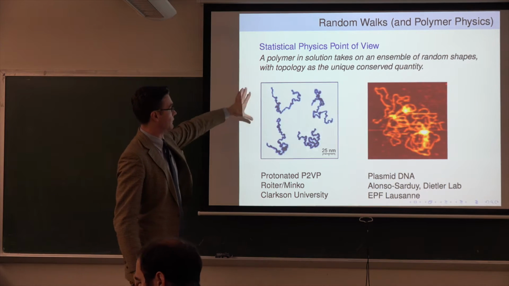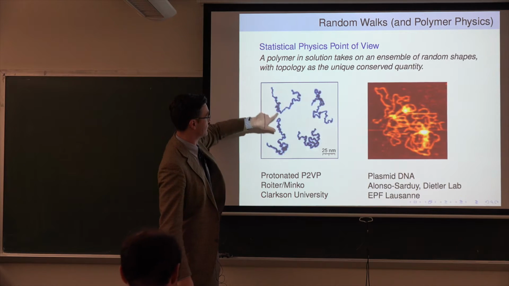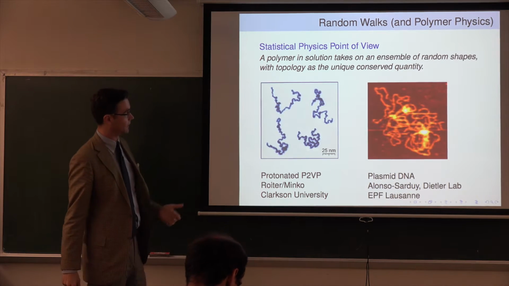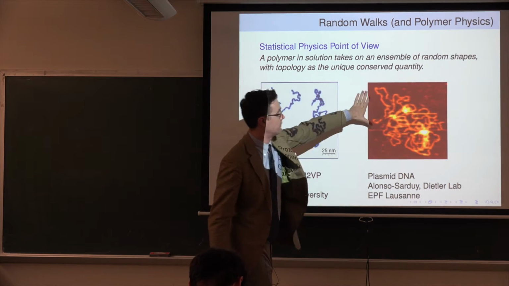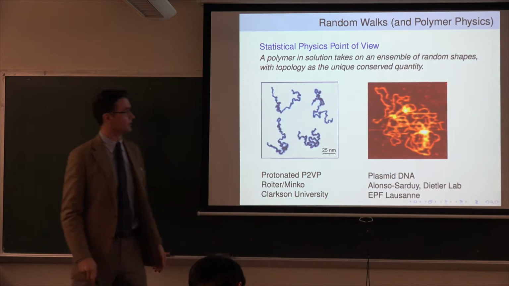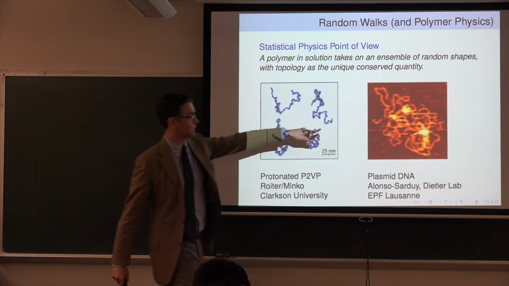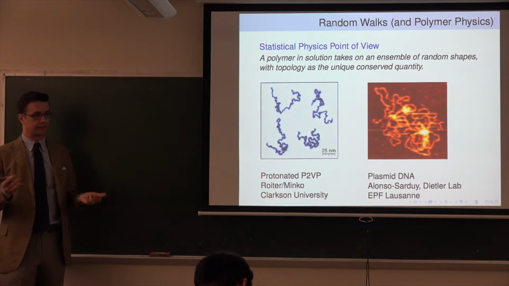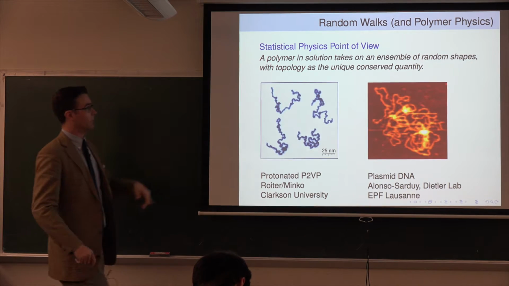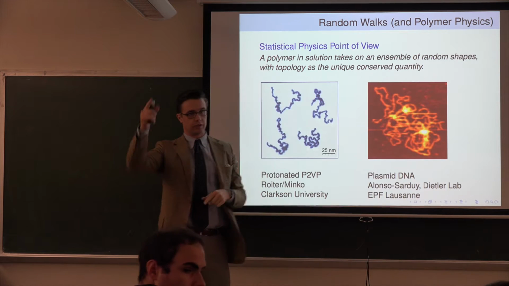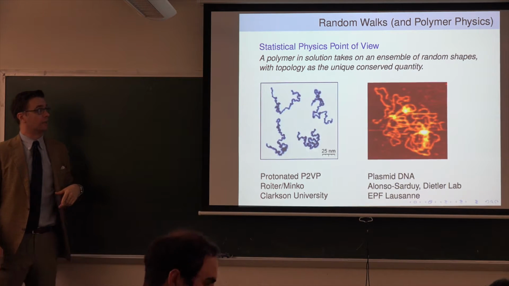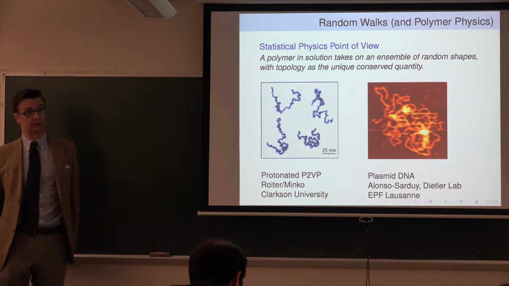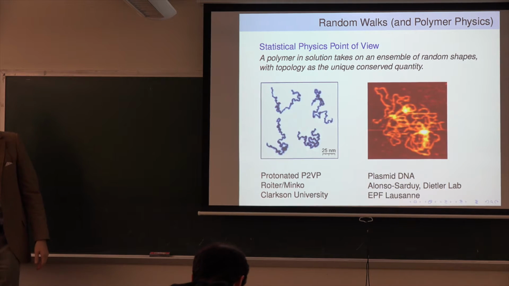You can have very simple, topologically simple things, which are called linear polymers. You can have more complicated situations, for example this loop of DNA, a plasmid, which is used in gene therapy in various places, where the ends come together and form a closed loop. And obviously there you have interesting topology going on.